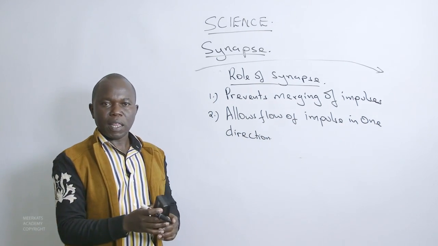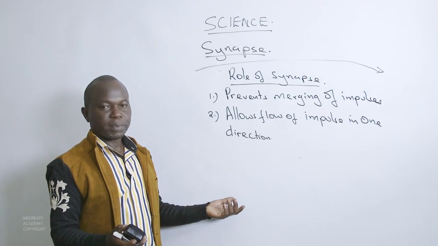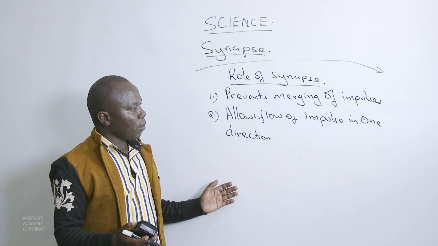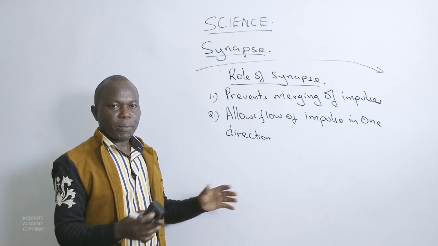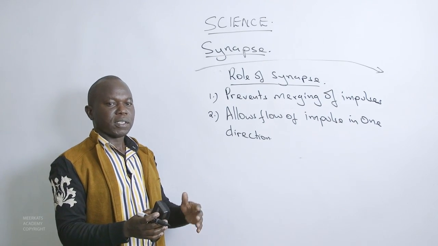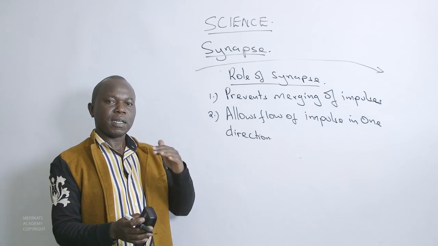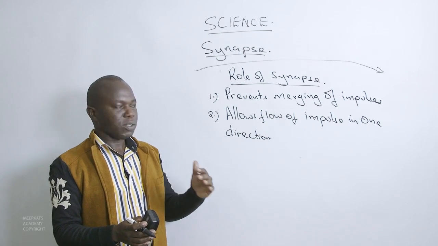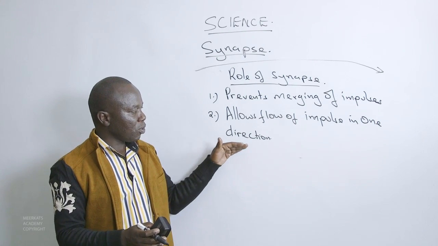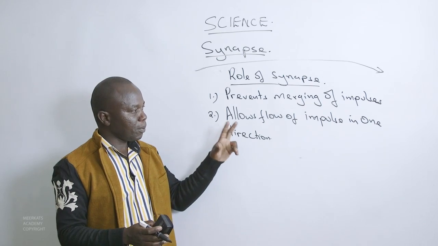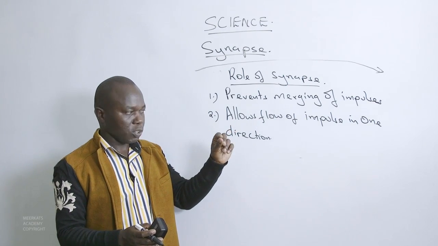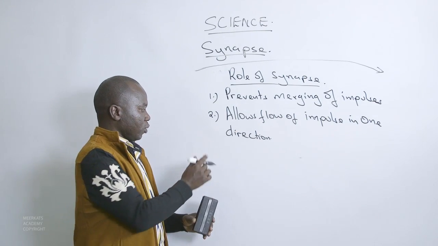This is important. Otherwise, the brain can also be confused because we have so many neurons: sensory, relay, and motor neurons, numerous of them. So the flow of impulse is supposed to be unidirectional, in one direction.